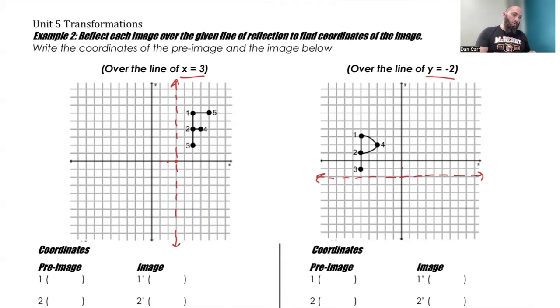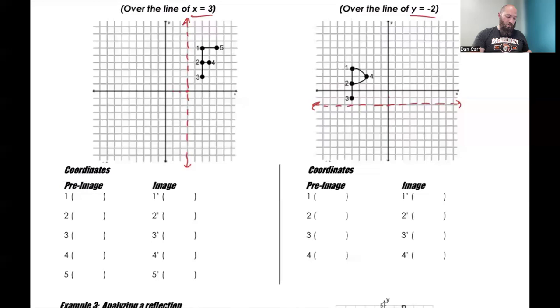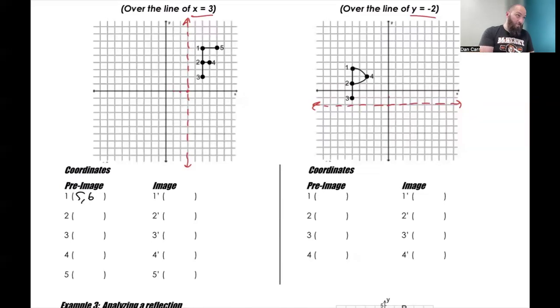Okay. So, real quick, let me fill in my pre-image coordinates in both of those shapes. So I'm going to have (5, 6), (5, 4), (5, 2), (6, 4), and (7, 6).